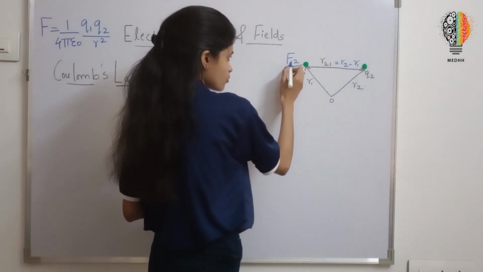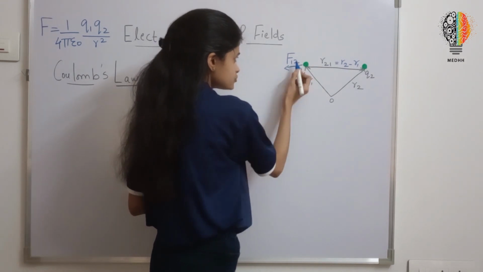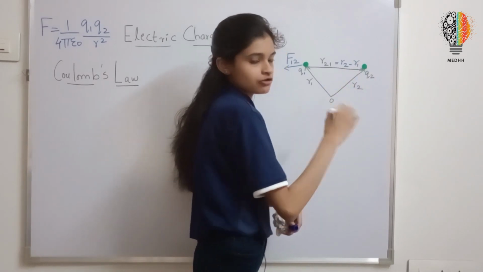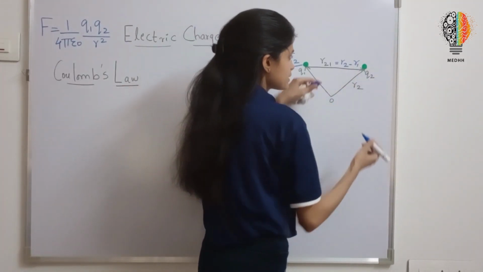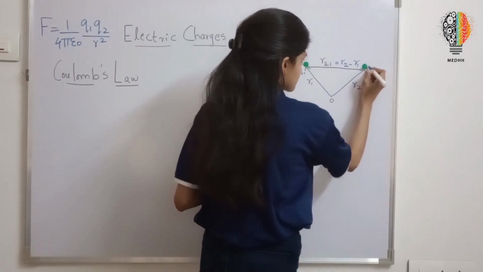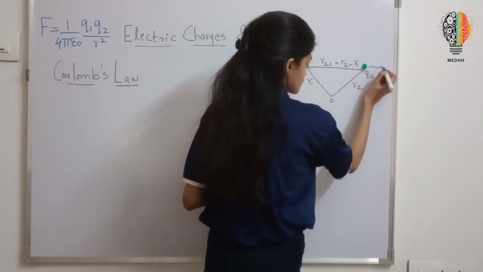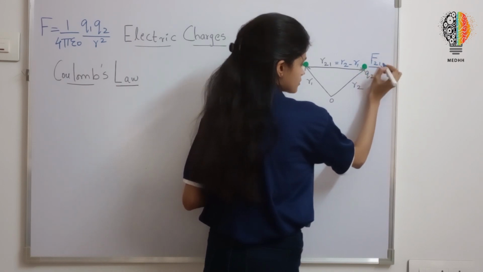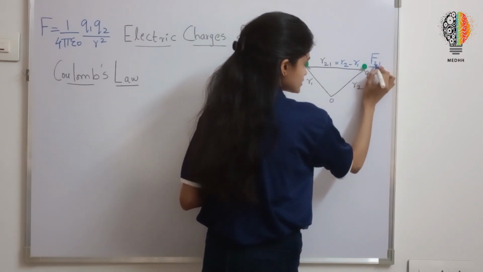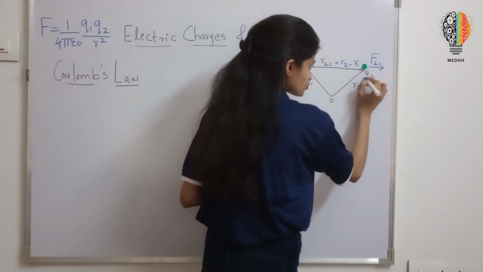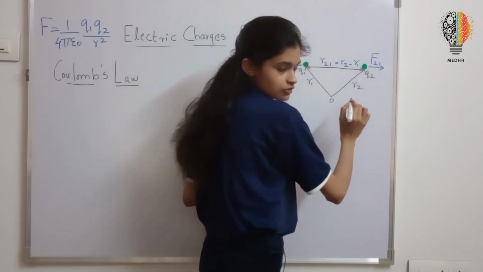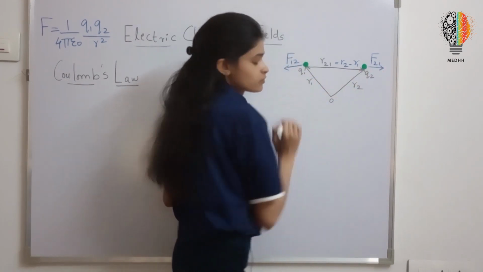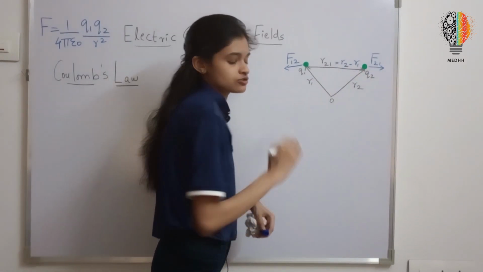F12 indicates force on charge q1 due to charge q2. Similarly, q2 is also experiencing a force due to q1, which will be in this direction. So this will be F21. Why? Because F21 indicates force on q2 due to q1. Okay, so these are the directions of the force.